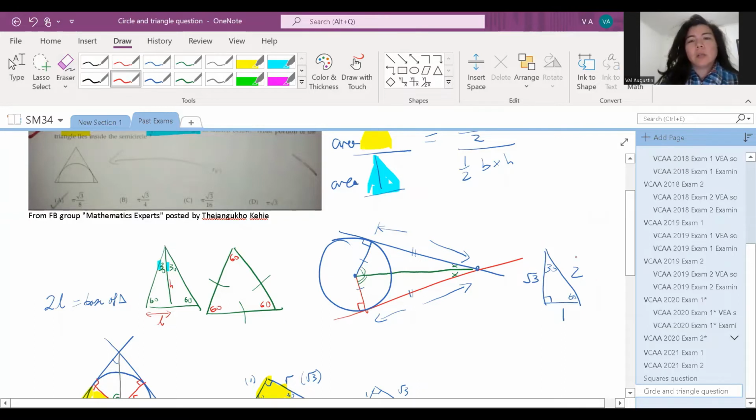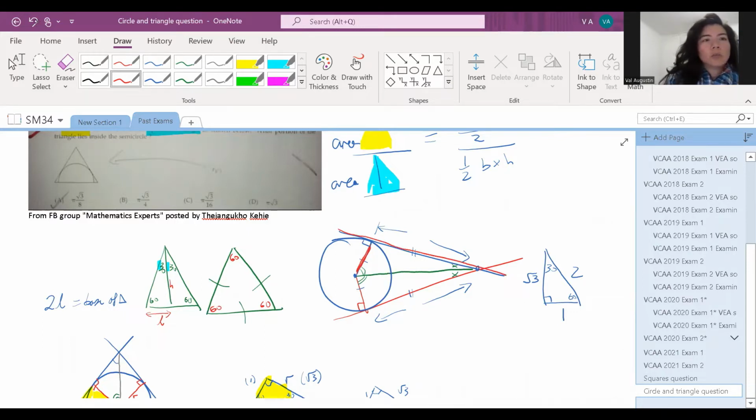And the other thing that's helpful is that when you have a circle with the radius here, a tangent will touch, this is the tangent here. This tangent will meet the radius at a 90-degree angle.